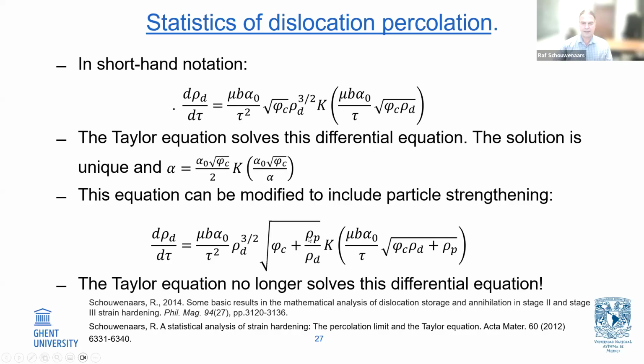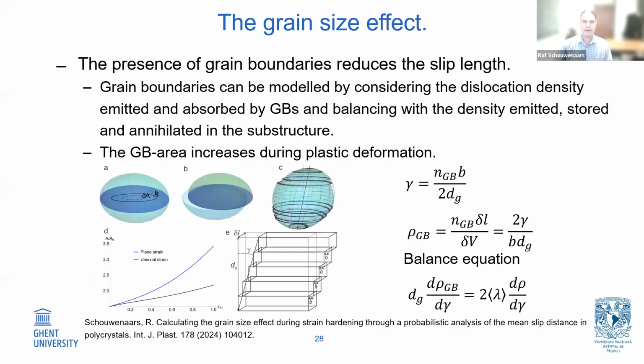I sum this particle density, I get the rho d to the 3 halves out of the equation. I'm left here with phi c only, and k, which now depends also on the particle density. Now, this equation can't be done anymore in an analytic form, and the Taylor equation is no longer a solution of this equation, but you can do it numerically.